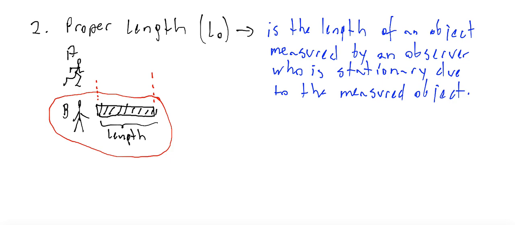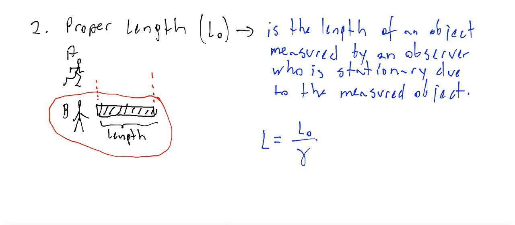And what is a link between proper and not proper? Proper length divided by the Lorentz factor gives the length measured by an observer who moves. Okay, so in the opposite way, in this case, L0, so proper length, is the longest possible.